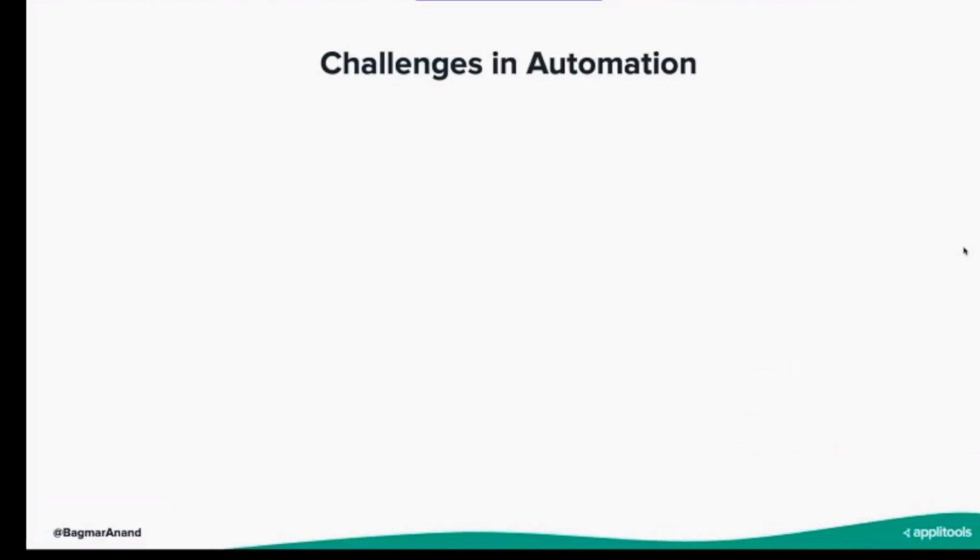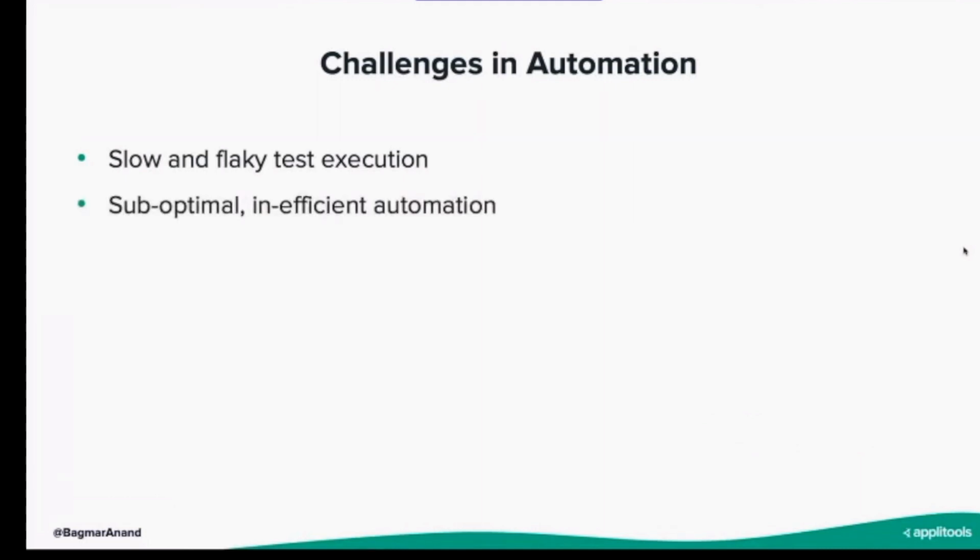So what I'm going to discuss with you is challenges related to slow and flaky tests and their execution, suboptimal or inefficient automation code itself, and incorrect or non-contextual test data, which again causes an impact in our automation. These are the areas we are going to try and address in the rest of the session now.